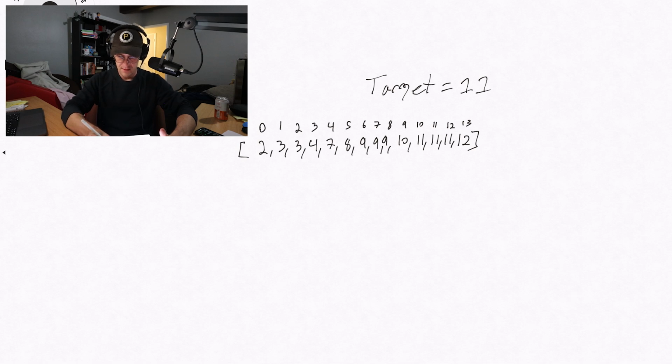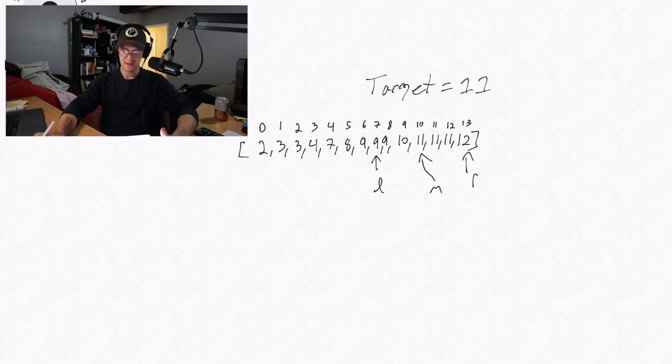So we had our L pointing at 7, our R pointing at 13, and M pointing at 10. And so in the previous algorithm, this is where we used linear search to keep moving forward until we found the end. And now what we're going to do instead is use binary search to find the end.